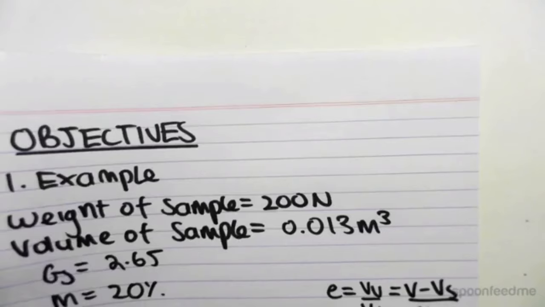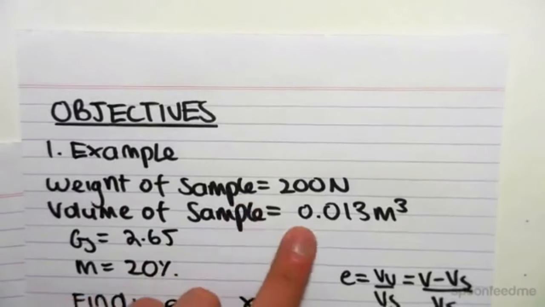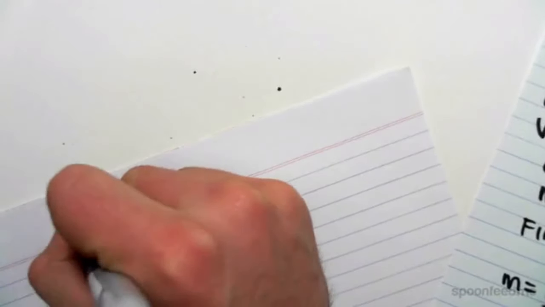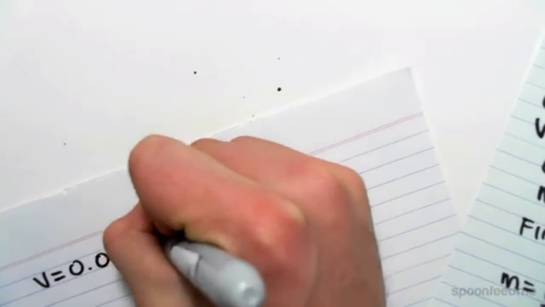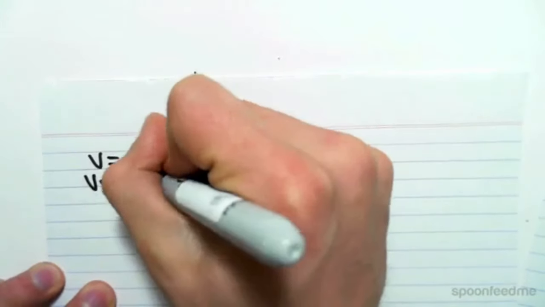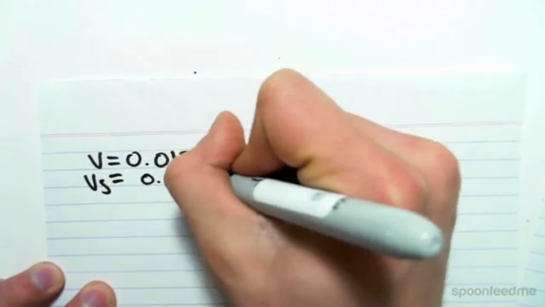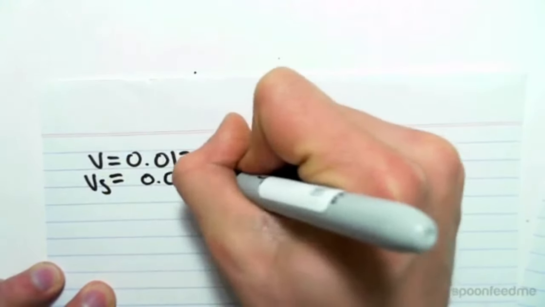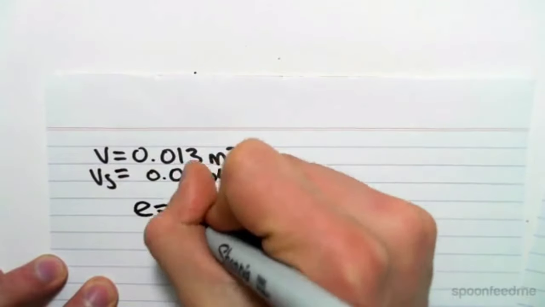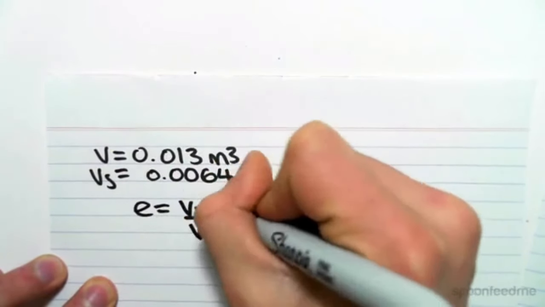We know now the total volume, which we had in our question, is 0.013 meters cubed. And the volume of the solids we just found is 0.0064 meters cubed, which now allows us to find our void ratio, because the void ratio is the volume of voids over the volume of solids.